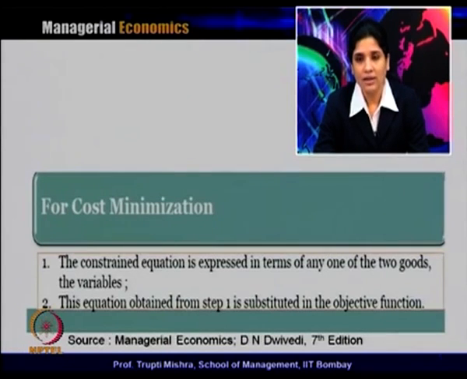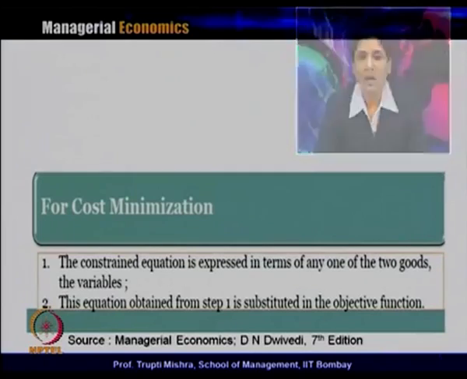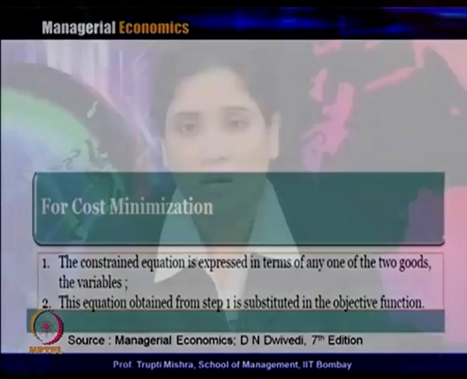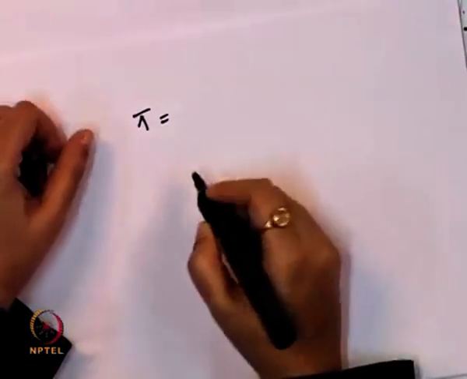So we'll take an example of how we generally do constrained optimization with the constraint and the objective function, whether the objective is profit maximization or cost minimization. We'll take the case of profit maximization first, where we maximize the profit.